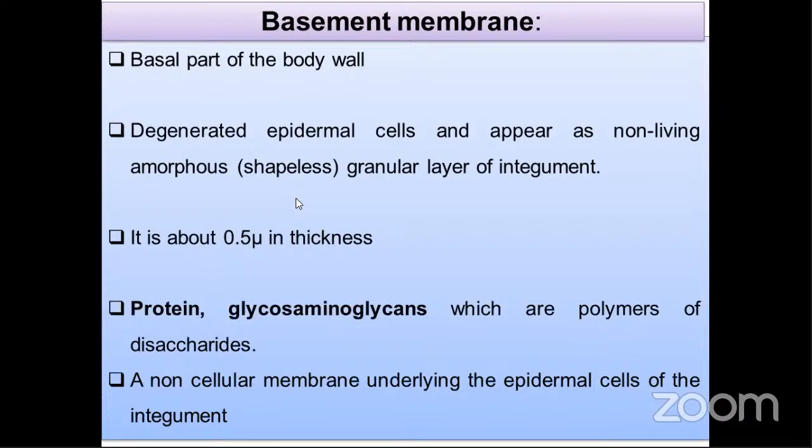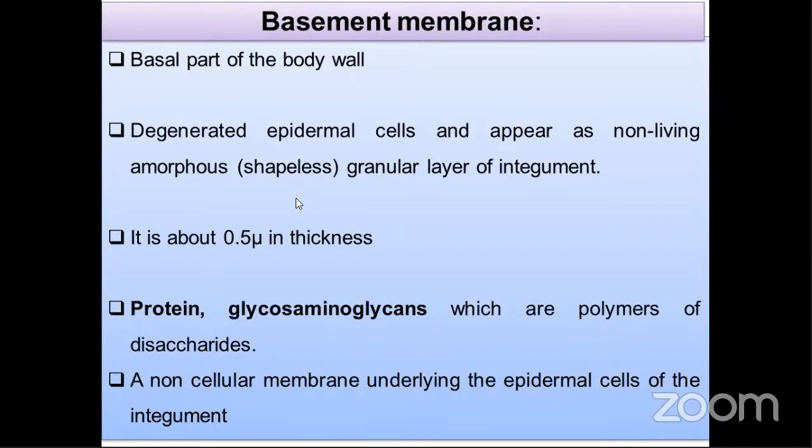It appears shapeless, meaning non-living, as there is no involvement of living cells. The thickness of the basement membrane is 0.5 microns. It consists of fibrous proteins and glycosaminoglycans, which are polymers of disaccharides.